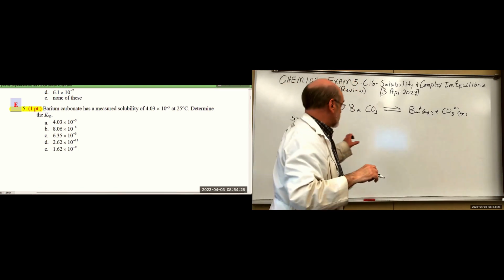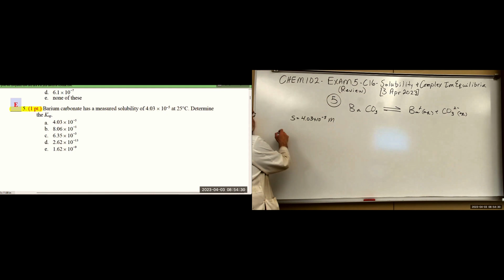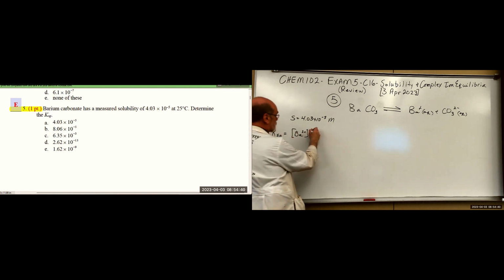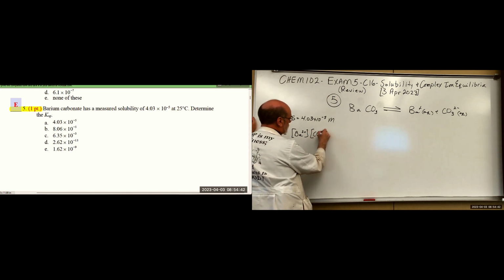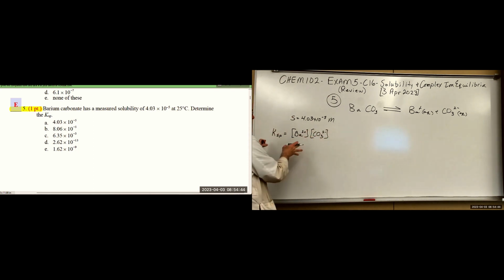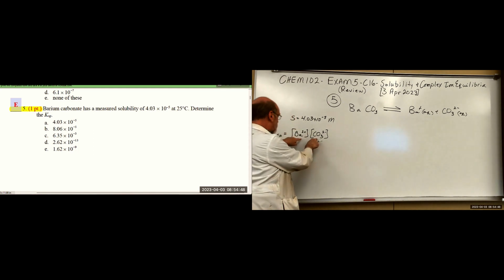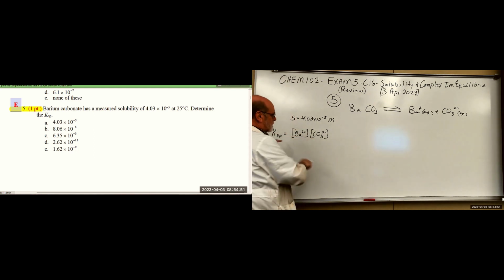What we want to know is the KSP. So the KSP would be just the barium, since its coefficient is 1, it's to the first power, and carbonate to the first power also. So what we need are values that can go in here to give us that.